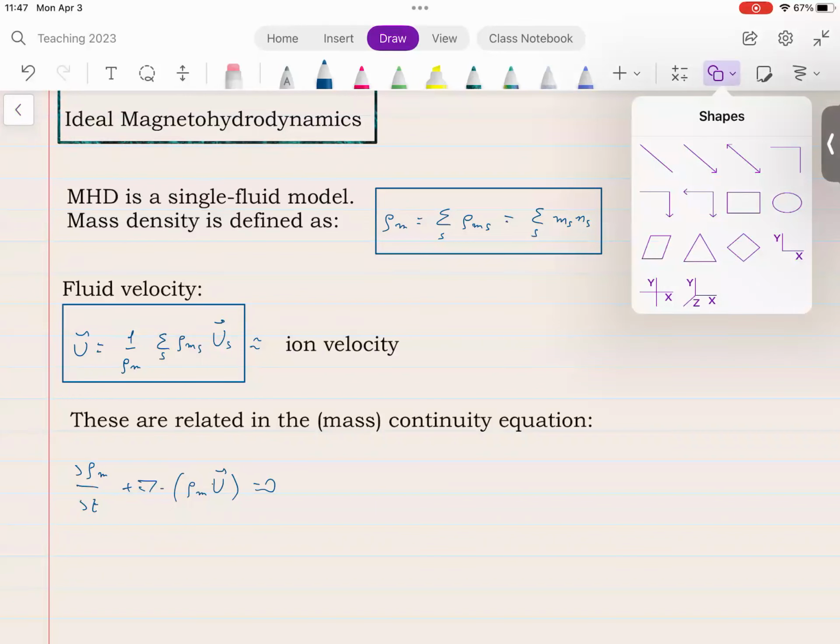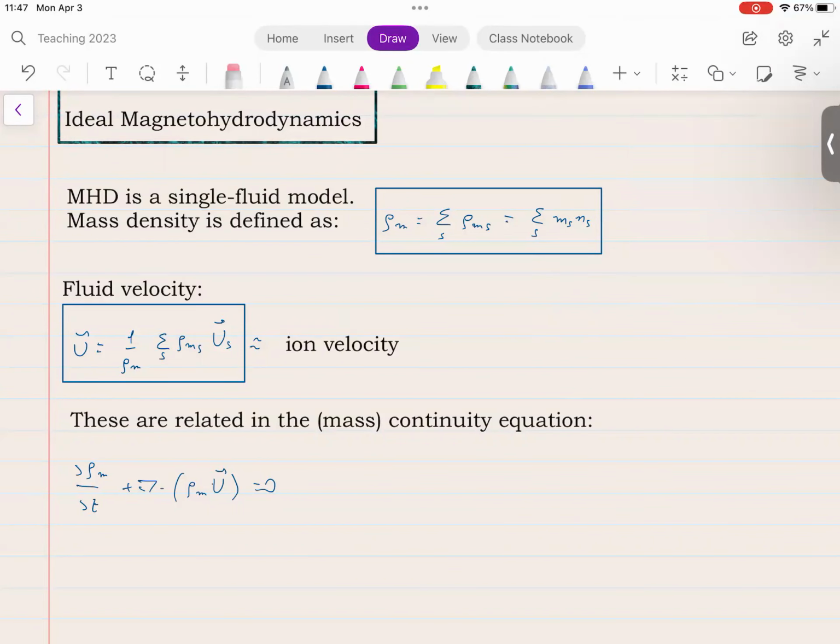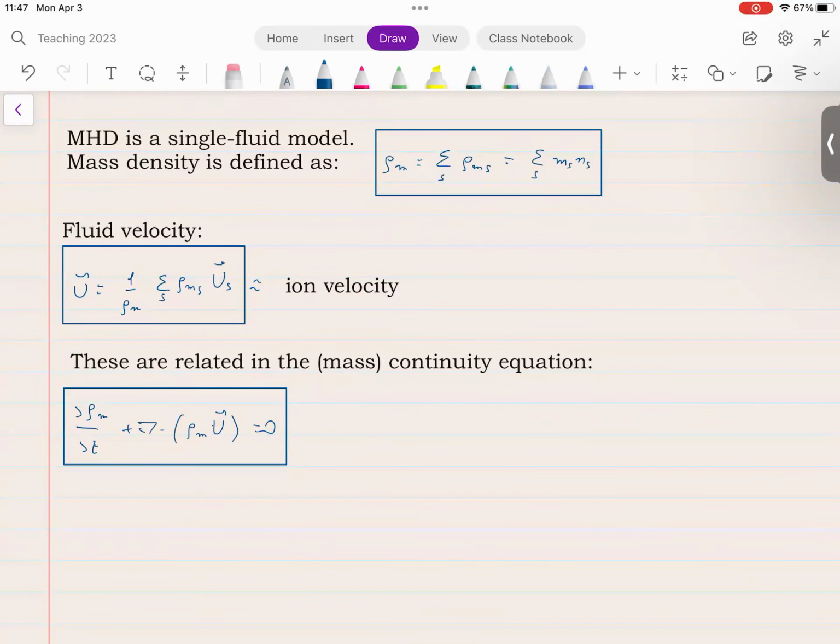And this can be obtained from similar equations for each species, and just again by summing over the species.